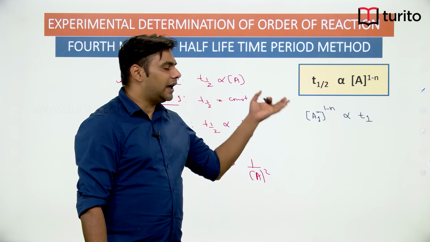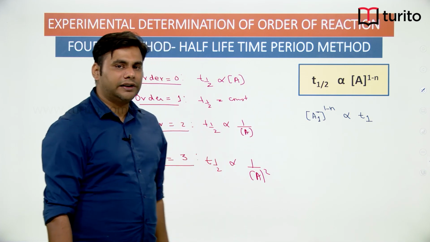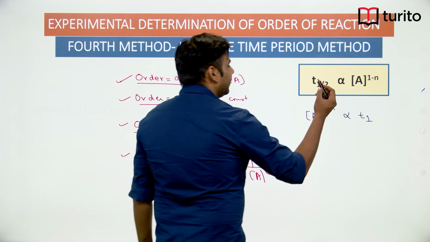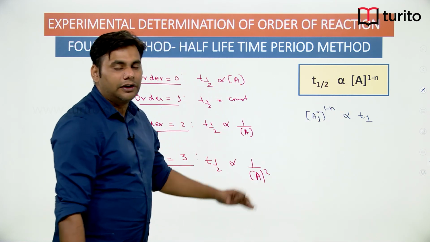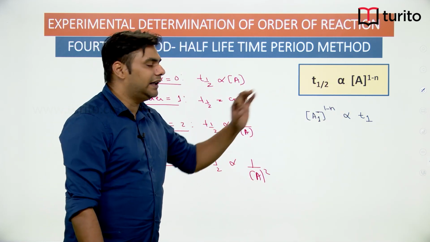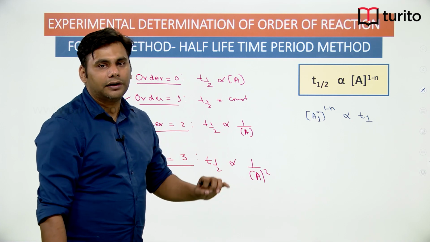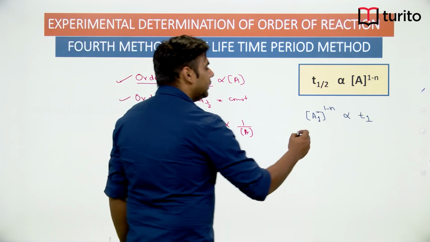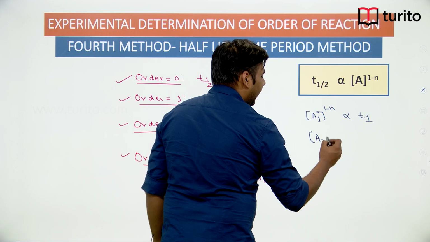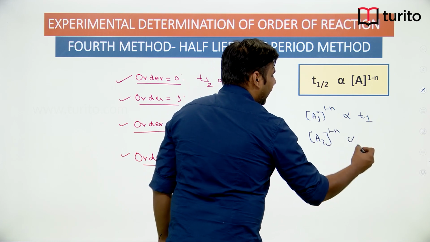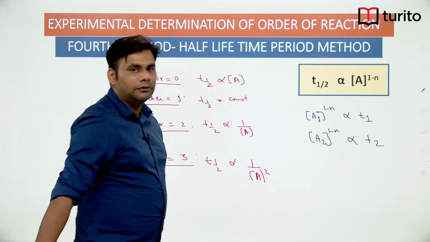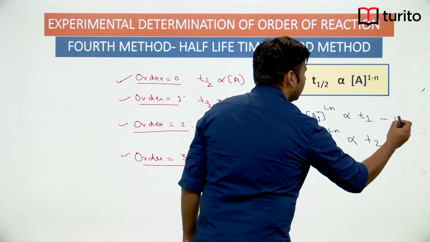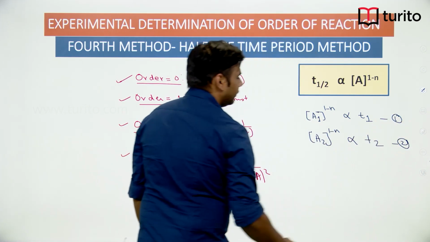When the concentration of A was A1, let the half-life time period be T1. Now if we change the concentration of A to A2, let the time period be T2. So what we are going to do is again divide these two expressions.